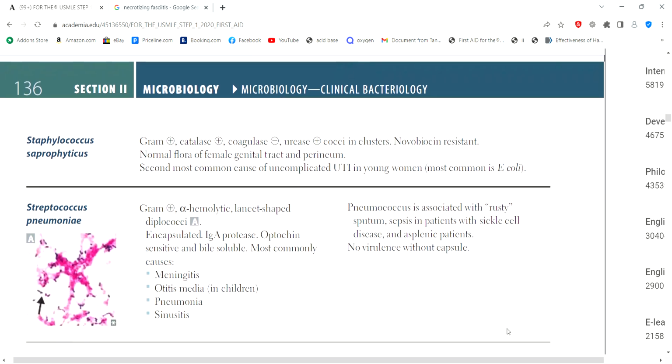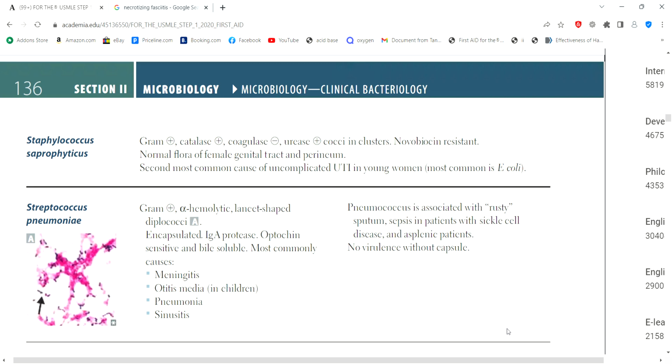Now we're moving on to Staphylococcus saprophyticus. It is gram-positive, catalase positive, coagulase negative, urease positive, cocci in clusters, and novobiocin resistant. It is normal flora of the female genital tract and perineum.